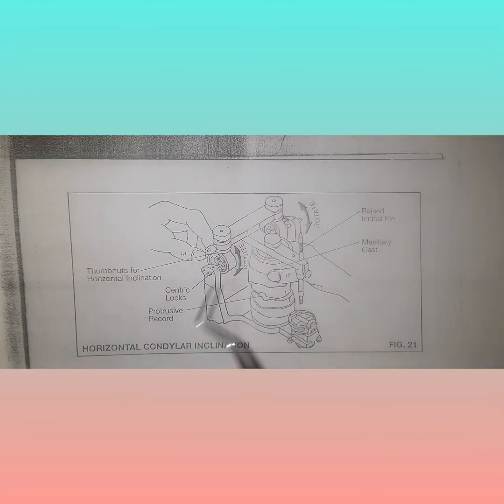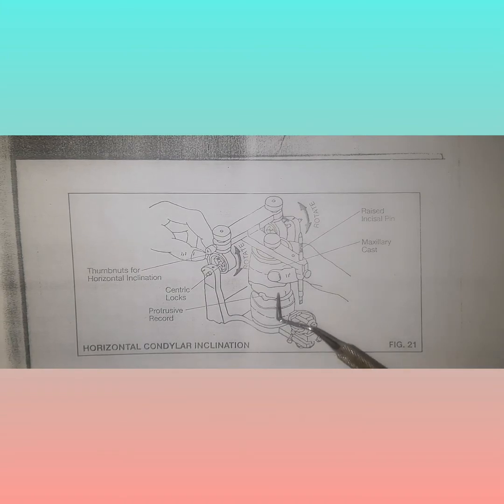So once the patient has given you the protrusive record, you have to program that in the articulator according to the record which is given by the patient, and accordingly the articulator should be set. Once you have taken this protrusive record, you position it in between the rims, and you place it on the articulator.